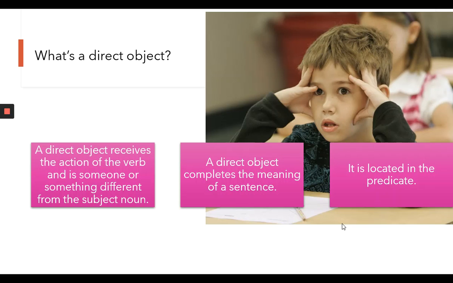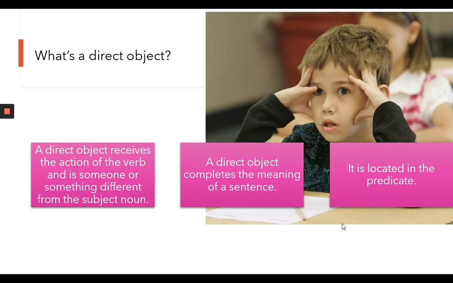A direct object will always be a noun, so you're looking for a person, place, or thing when you're looking for a direct object. And you're looking for a noun that is different than the subject noun. So in your sentence, you're going to have a noun that's functioning as the subject. You're also going to have a noun that's functioning as the direct object. Those two nouns will not be the same.